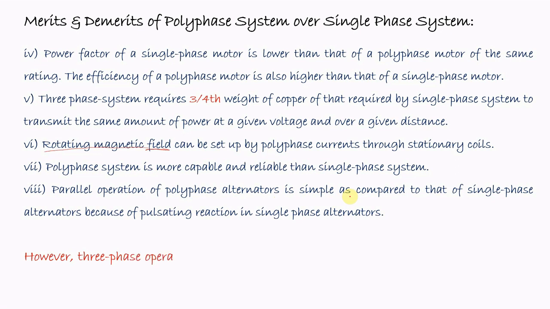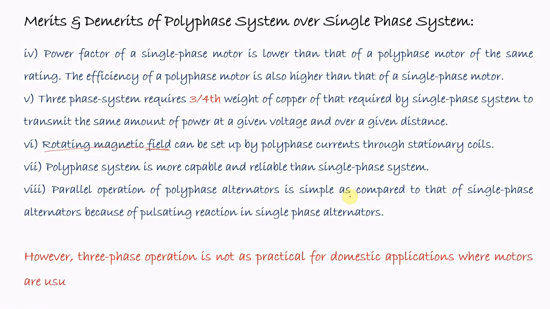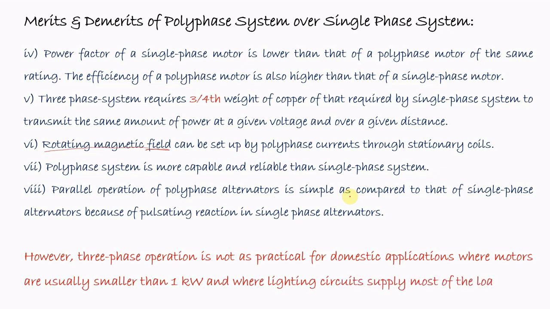However, the three-phase operation is not as practical for domestic applications, where the motors are usually very small, as small as 1 kilowatt, and where the lighting circuits supply most of the load.